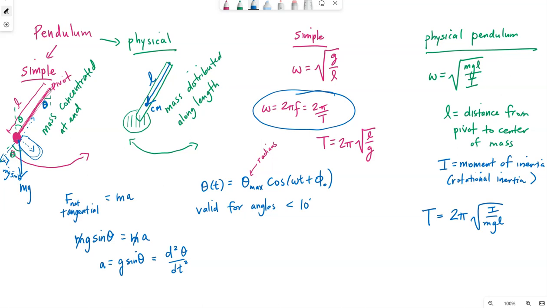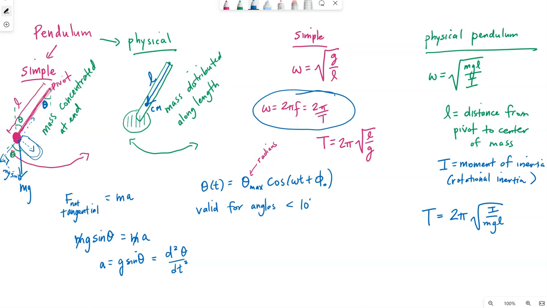Now, one thing to think of is that m is going to cancel. If we plug in the equation that describes I, it's always related to some sort of coefficient and then a mass and some sort of distance squared. So the mass still cancels out. The mass is not going to determine period.